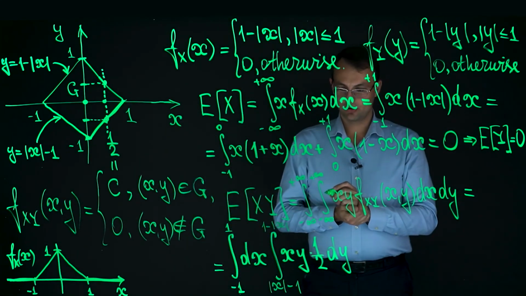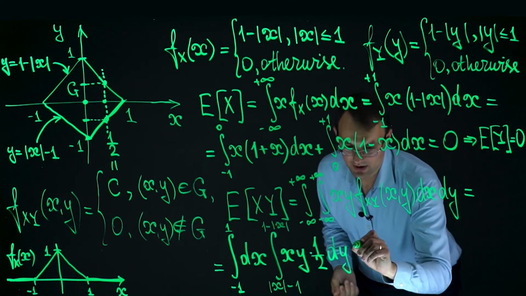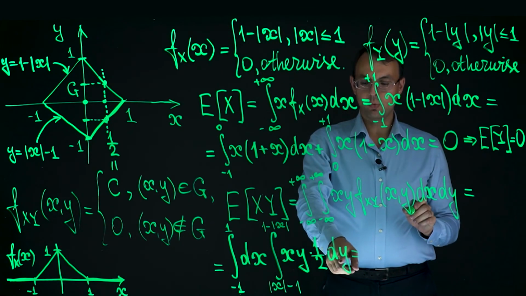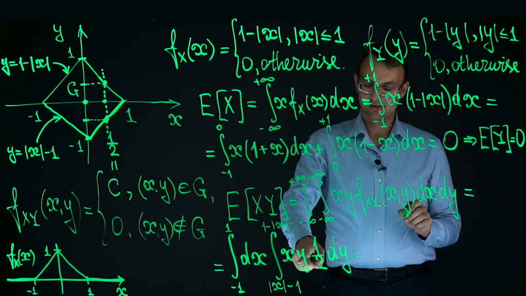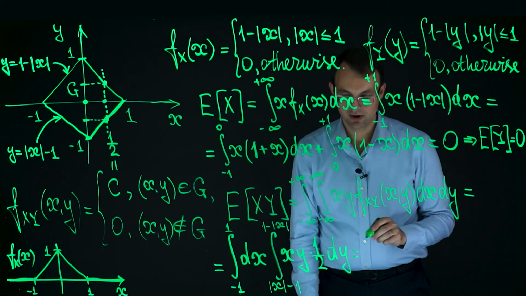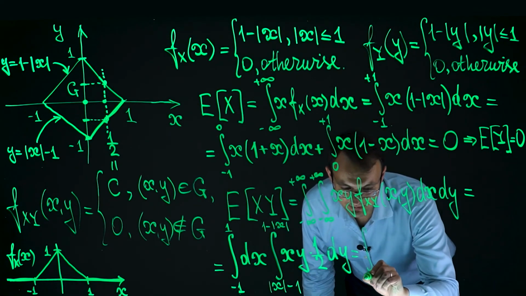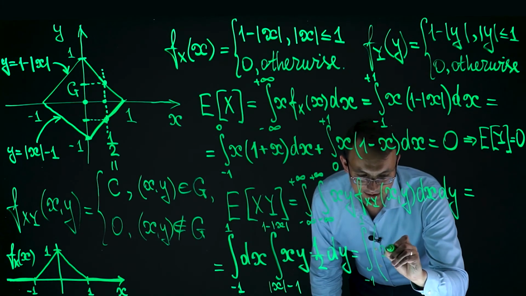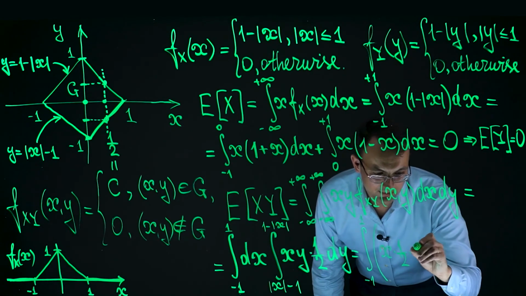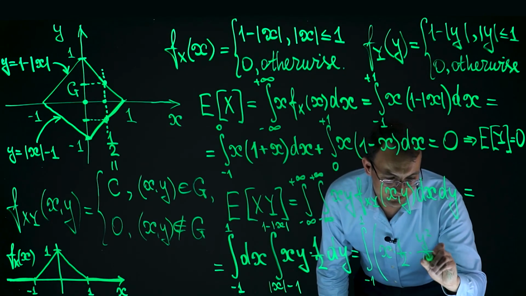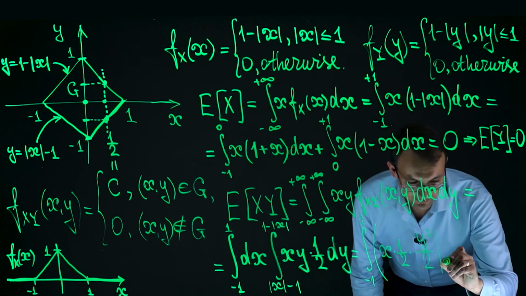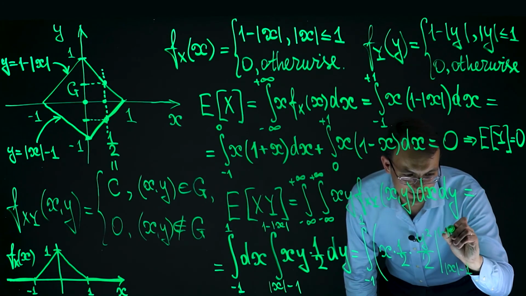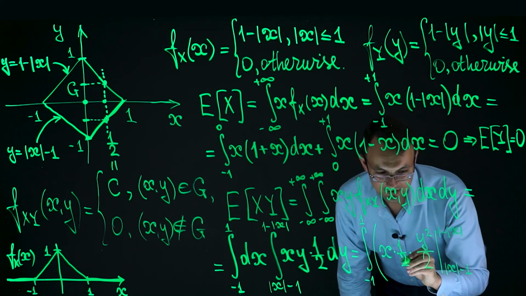And so what do we have next? As we are integrating over y, then integral of y is y squared over 2. So we have integral from -1 to 1 of x times 1/2 times y squared over 2 from modulus x minus 1 to 1 minus modulus x.